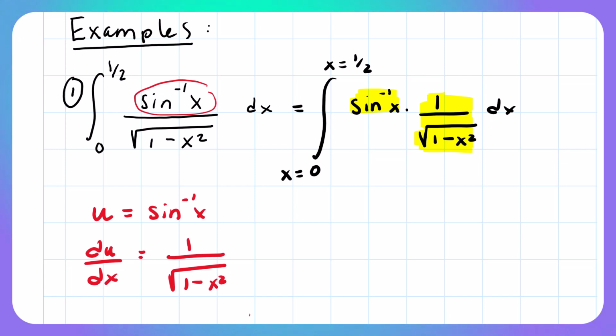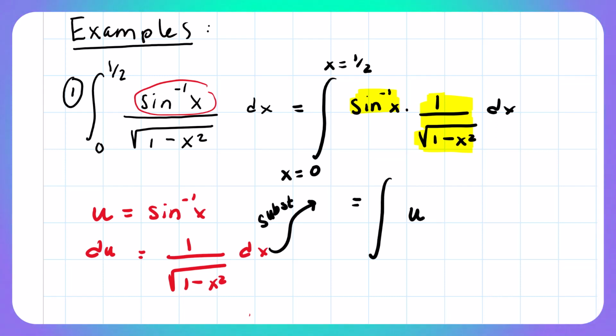When we separate the differential, I'm going to skip some steps here. We multiply both sides by dx. So we get du is equal to 1 over the square root of 1 minus x squared dx. And now we can actually make those substitutions. So now we're going to come back up here and make the substitutions. This integral is going to become equal to u.